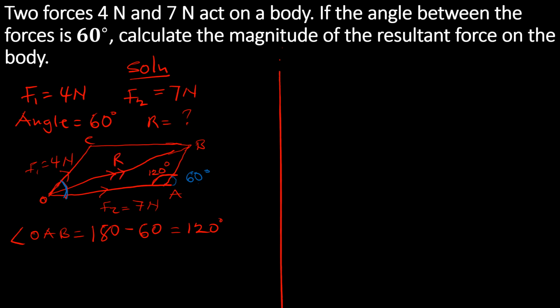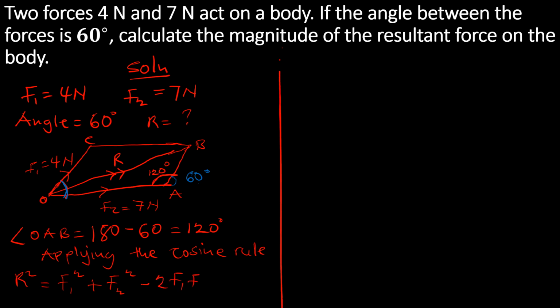So by applying the cosine rule, and we know the rule to be R squared is equal to the first force squared plus the second force, that's F2 squared, minus 2 F1 F2 cos 120.